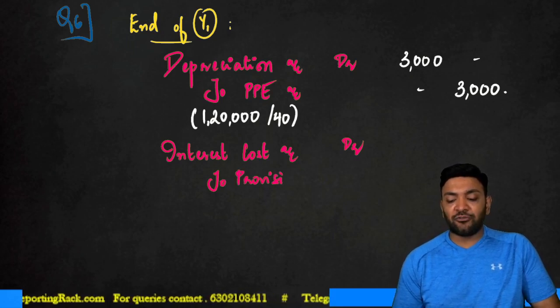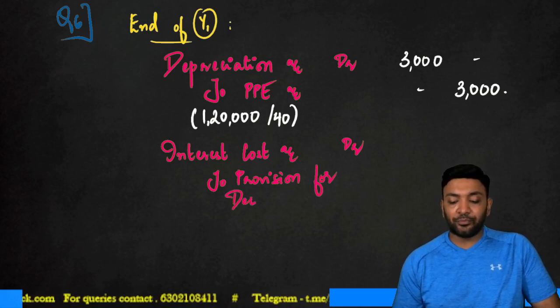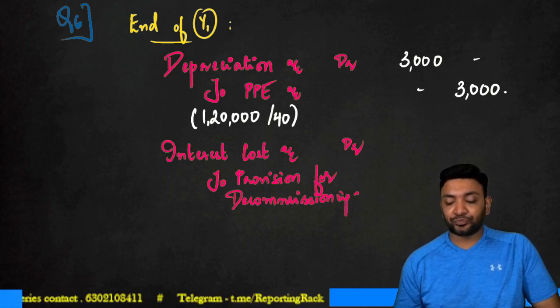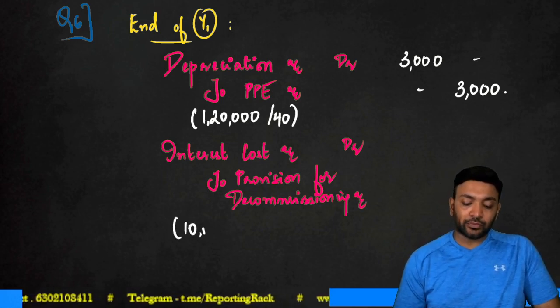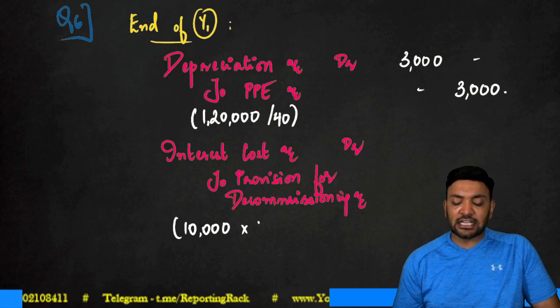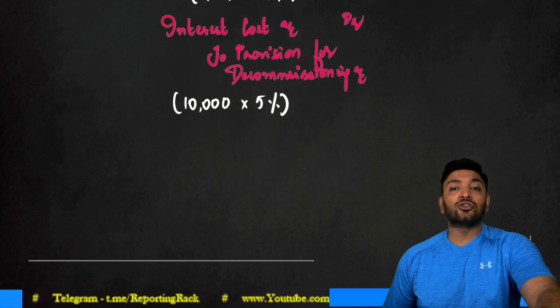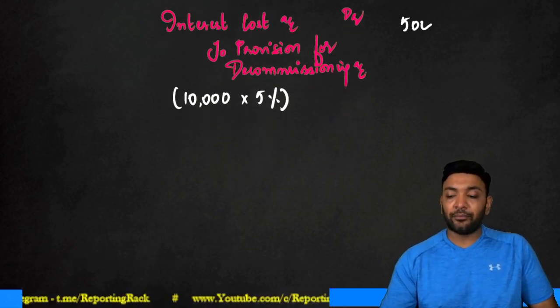To provision for decommissioning, or liability for decommissioning. It was 10,000. Add an interest catch-up of 5% every year. It was discounted at 5%, so the interest catch-up is also 5%. So the answer is 500.